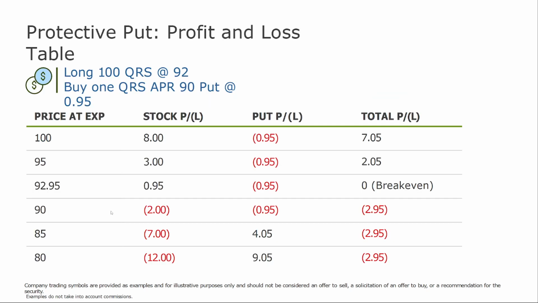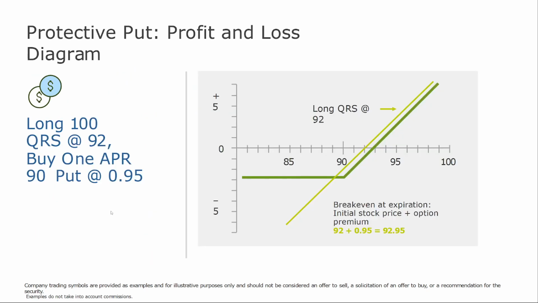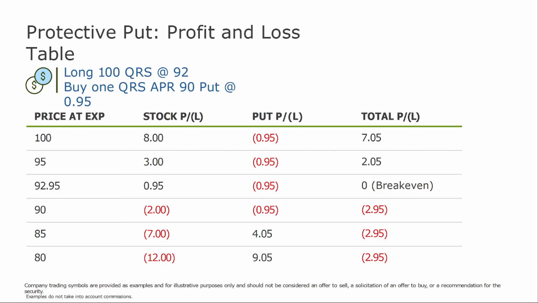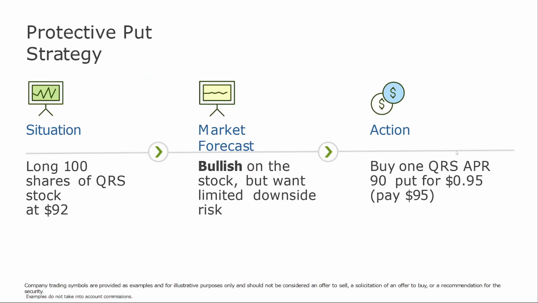In this case, it's a bit more advanced strategy, but we can see that by doing this, we are combining the put option with the stock at the same time.